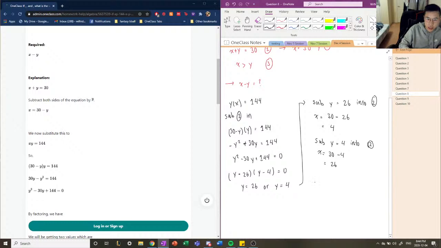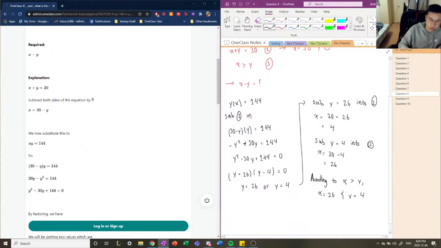So we see here that according to our condition that x is always greater than y, x equals 26 and y equals 4. In the first case, y was greater than x, so this can't happen due to our restraint on our third condition.